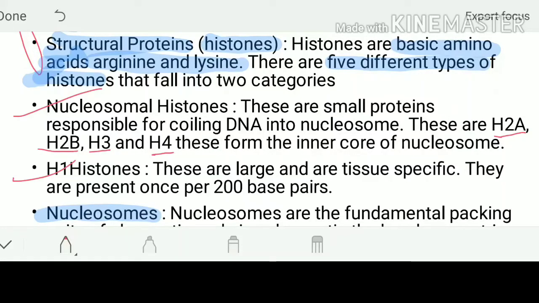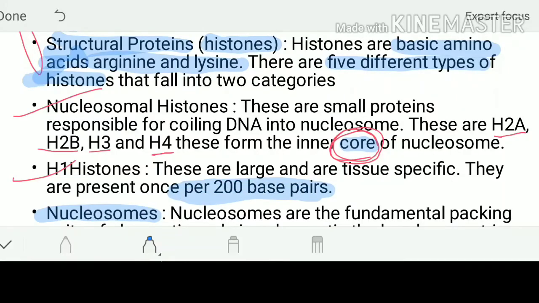These 4 form the nucleosomal histones, or what we call the core of the nucleosome. And H1 histone is very tissue specific, and they are present almost 180 base pairs or slightly 200 base pairs away from each other.